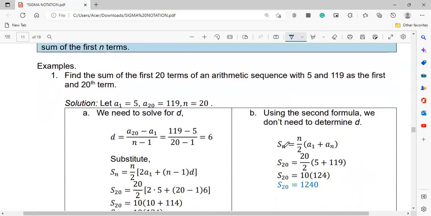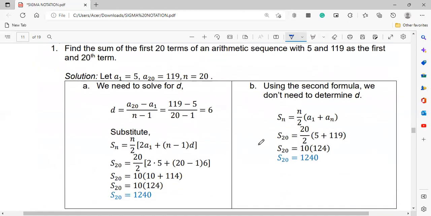Let's apply this. Find the sum of the first 20 terms of an arithmetic sequence with 5 and 119 as the first and the 20th term. So we have here first term is 5, 20th term is 119, so n is 20. By substitution, we need to find for the common difference meantime.